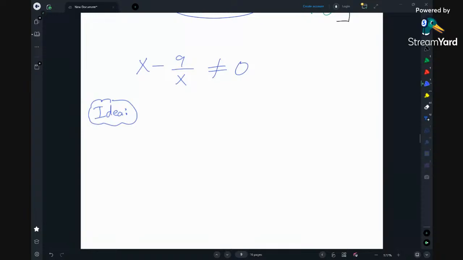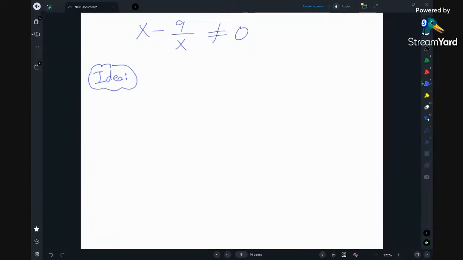Yeah. Okay, so strategy number 1, let's subtract x on both sides. So you get negative 9 over x chilling on the left, and negative x would go to the right. All I'm doing is subtracting x on both sides. Actually, not me, that was this idea. Then you multiply by x, multiply both sides.